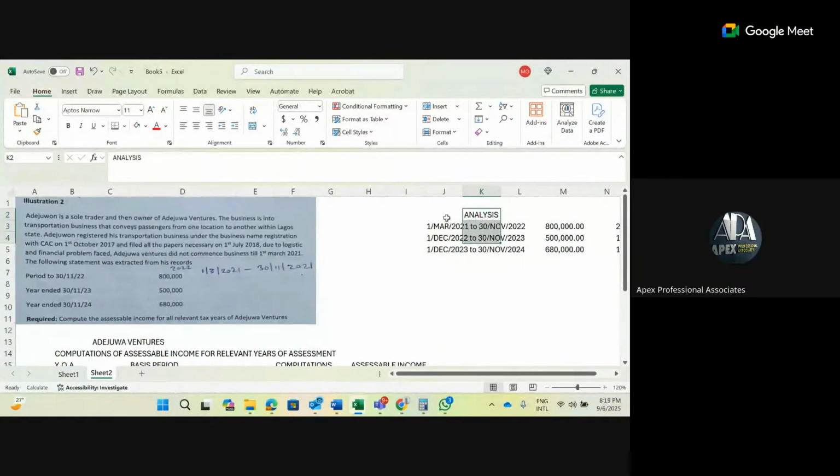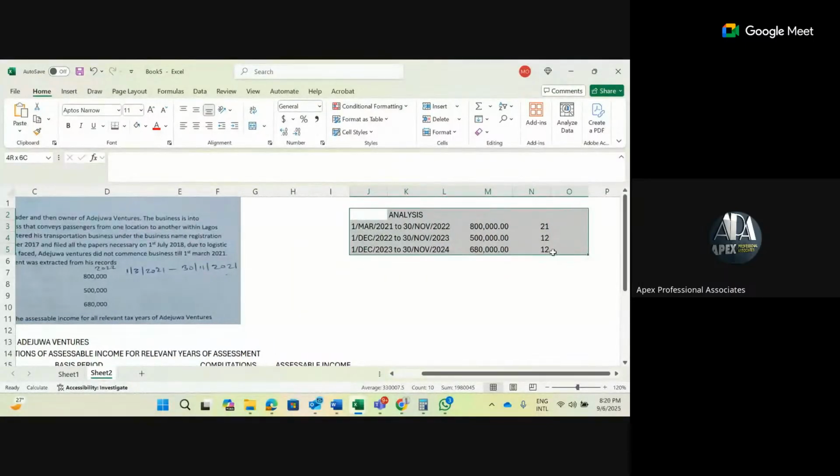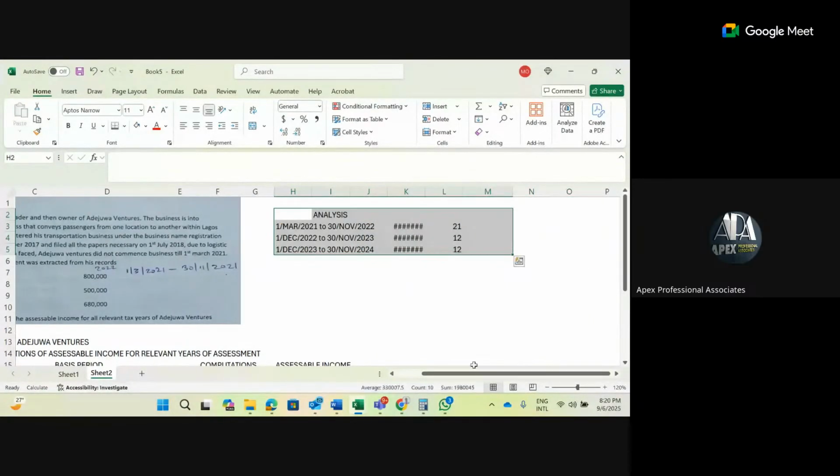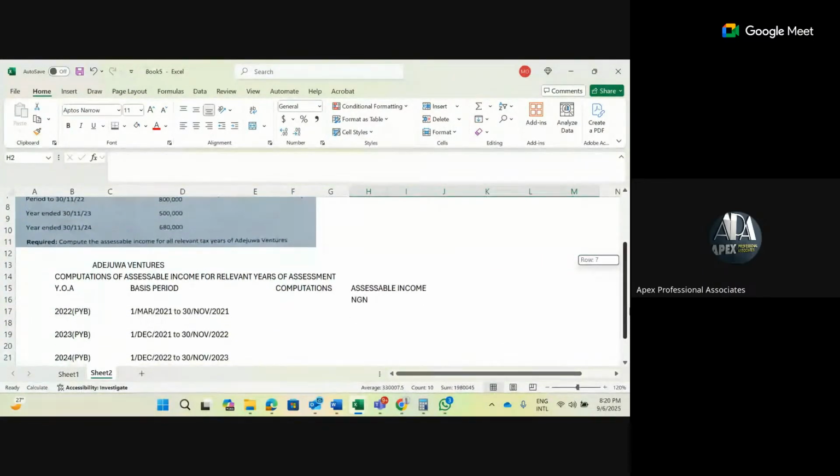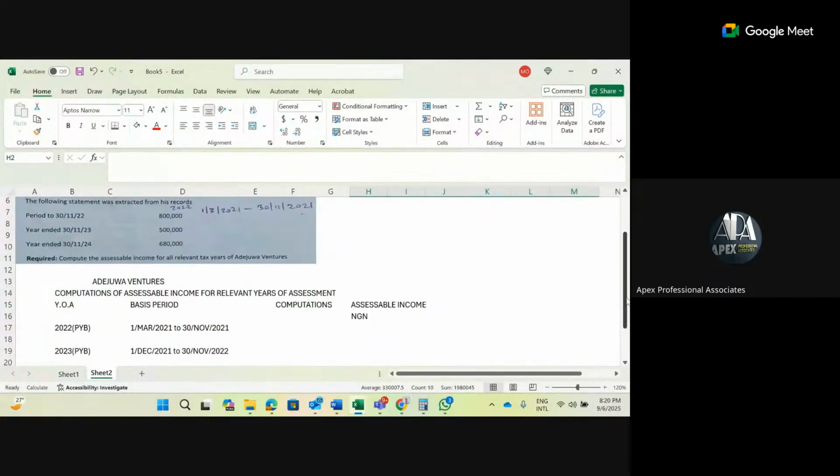I need to copy this my analysis and bring it out because I want to use it for something. Don't forget that when we are looking at part of the notes, they said we are going to be doing proration in such a way that if a particular company presents a financial account that is more than 12 months, you are going to be prorating based on what is your commencement date and what is your year end.